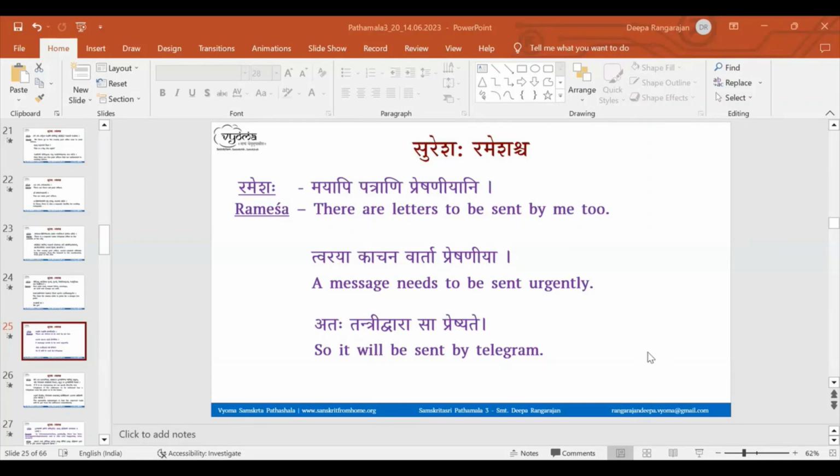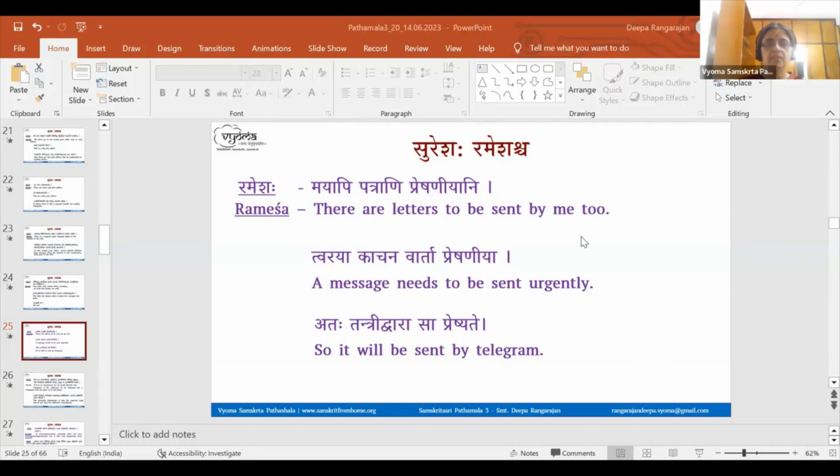Ataha Tandri Dwara Sa Preshyate. So it would be sent by telegram. Because it needs to be sent urgently, I will choose the telegram.